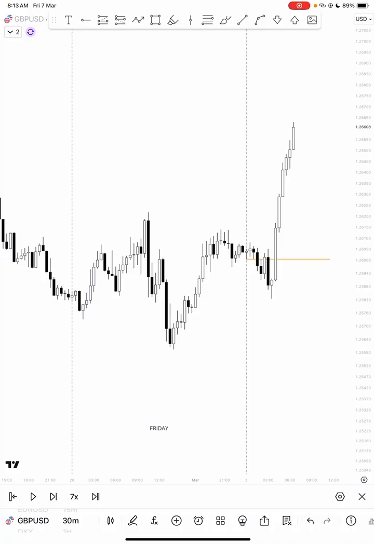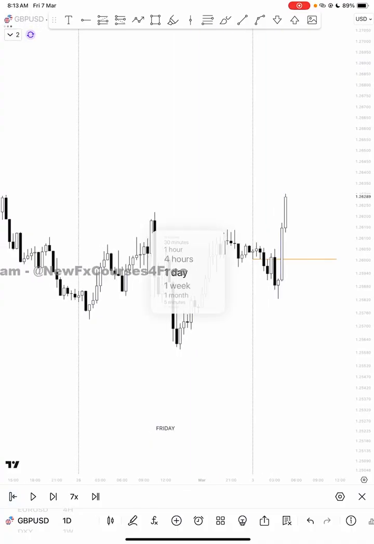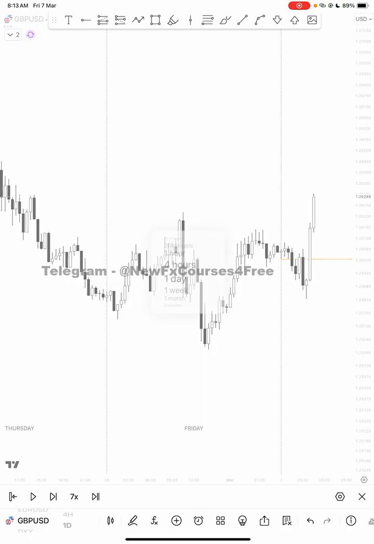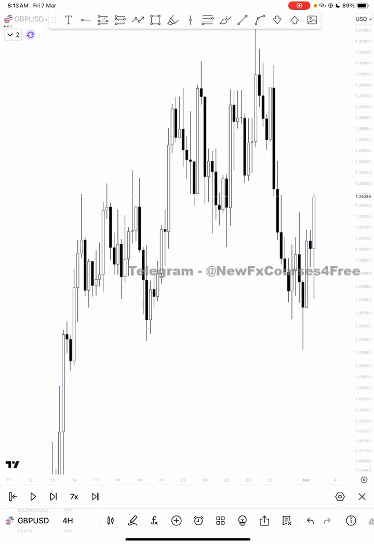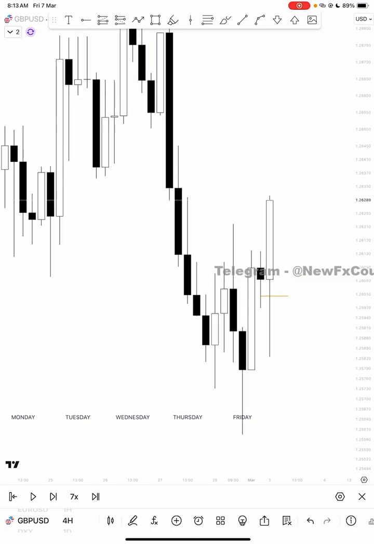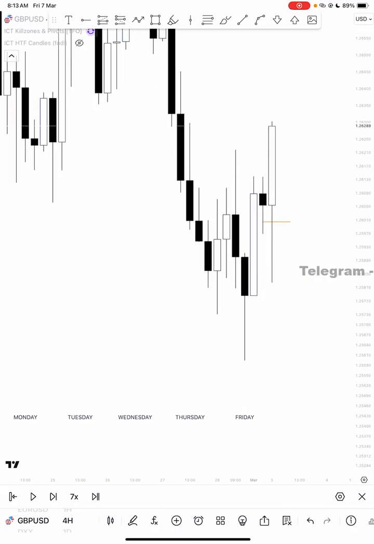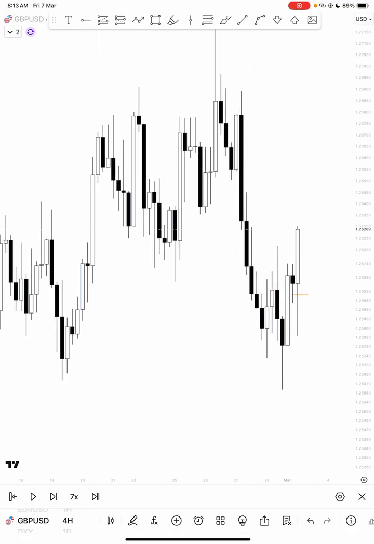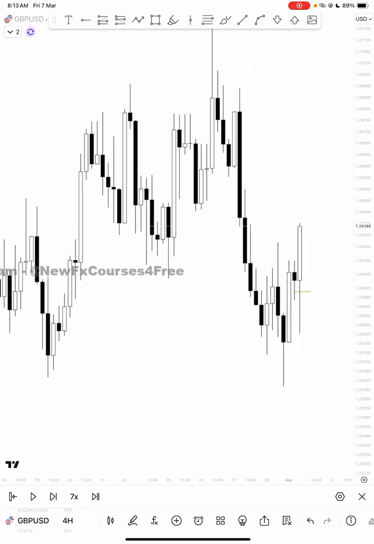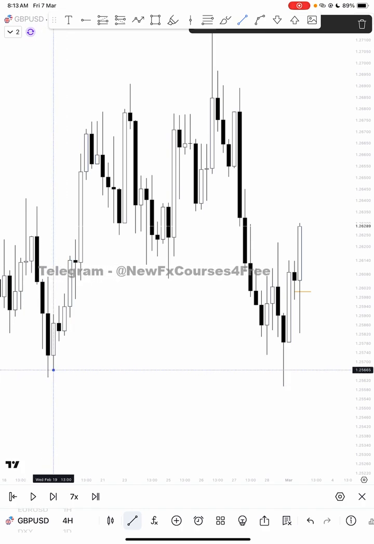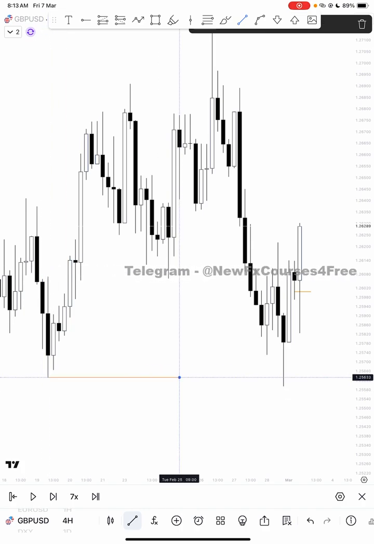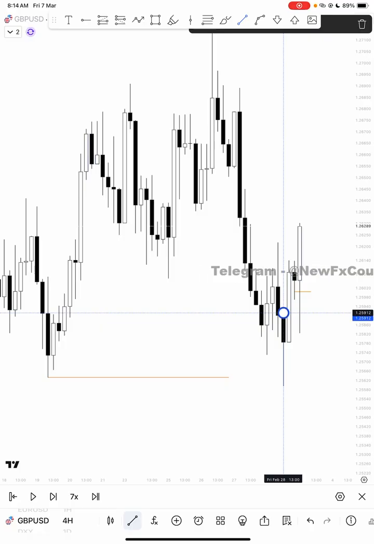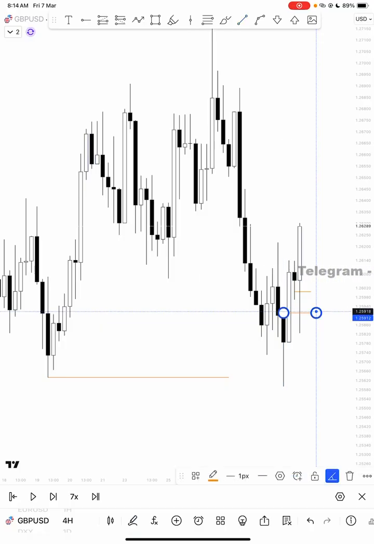So you got your opening price and you got your key level as well. Daily key level. 4-hour key level. Why is this my key level? Because this order block actually swept liquidity and is a high probability order block.